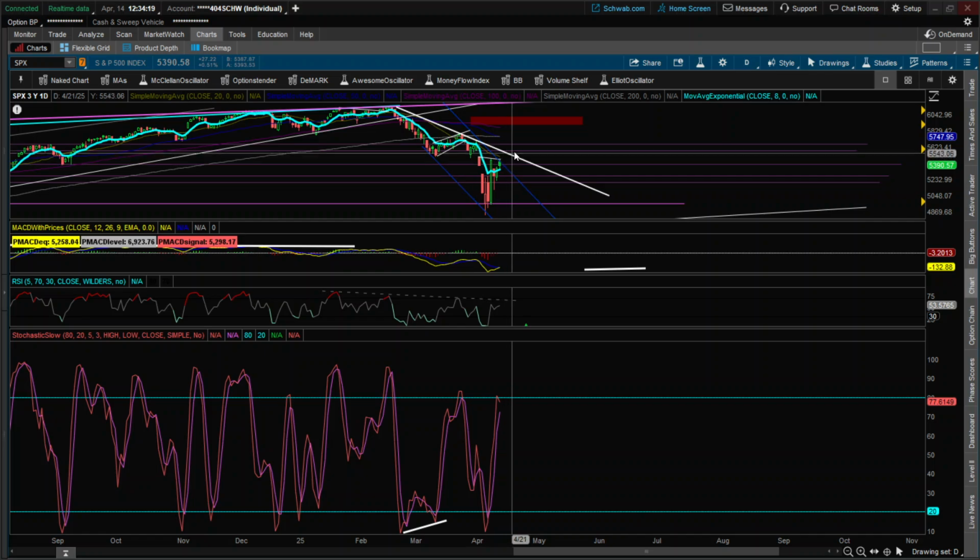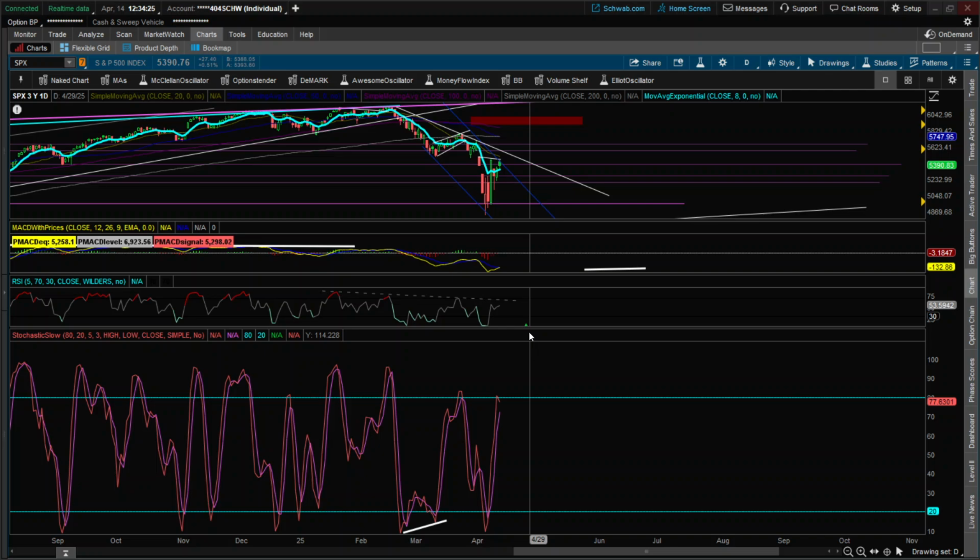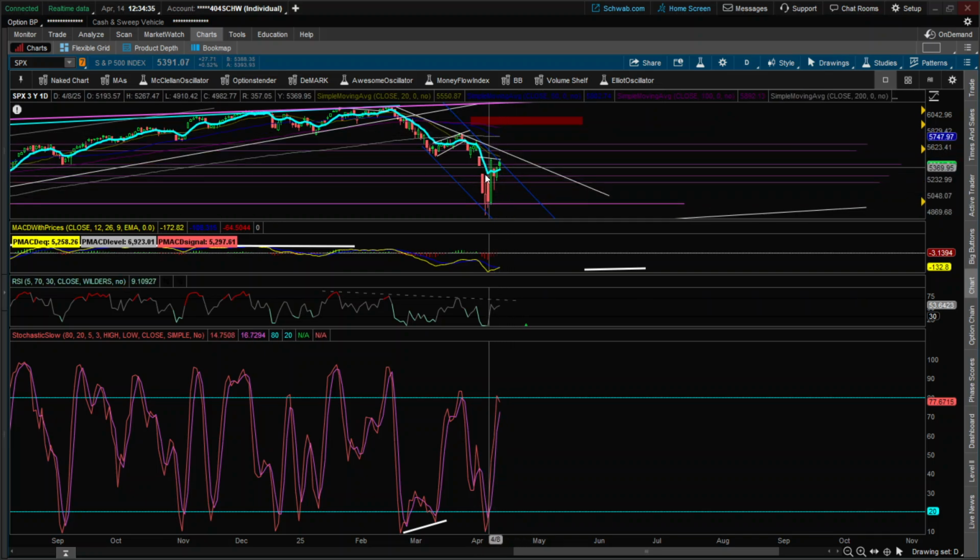That would, at some point, confirm that our lows are in as well. It would have been a V-shaped reversal if we were to really see new highs coming, and we're just not really getting that.